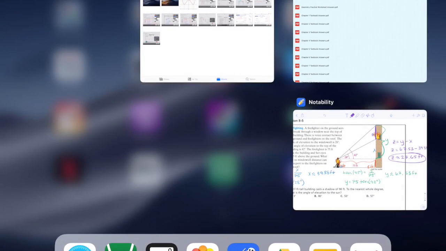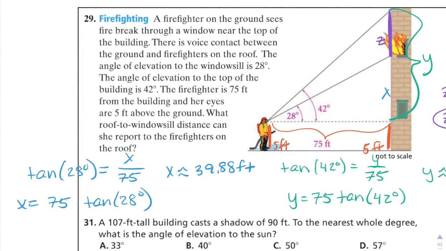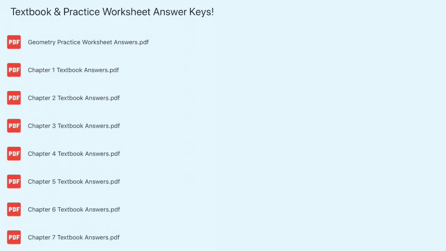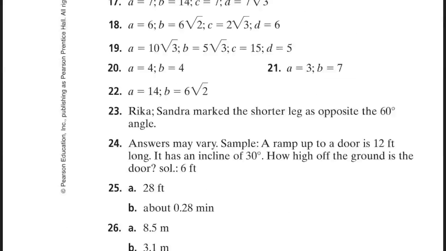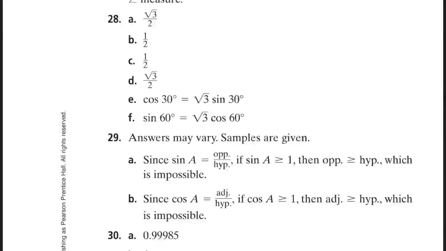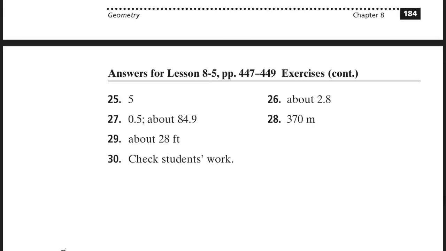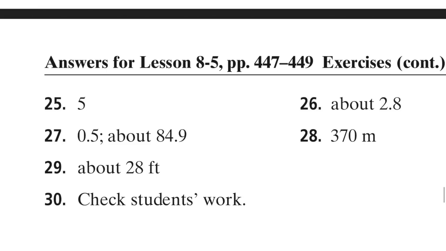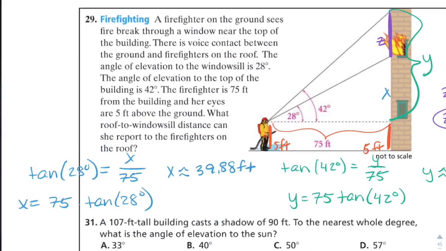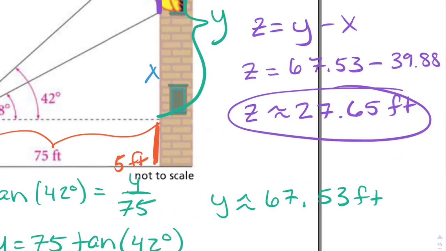I know we're in chapter 8.5, but this is number 29. 8.5, number 29. And the answer is about 28 feet. We got 27.65, so we're right there. Let's say about 28 feet.